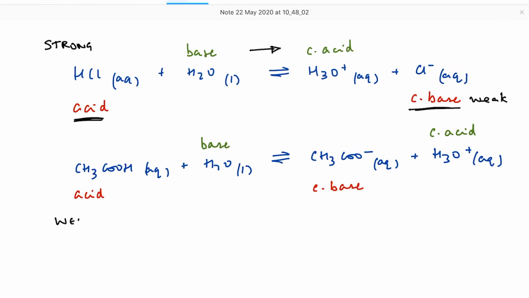If we take an example of a weak acid, something like ethanoic acid, we see that it has a fairly strong conjugate base. The likelihood of the ethanoate ion accepting a proton and returning to ethanoic acid is really quite high indeed. The position of equilibrium in this particular case lies very strongly to the left.